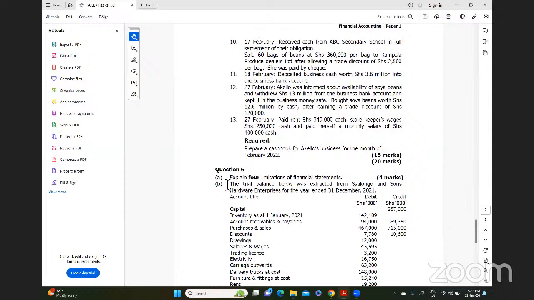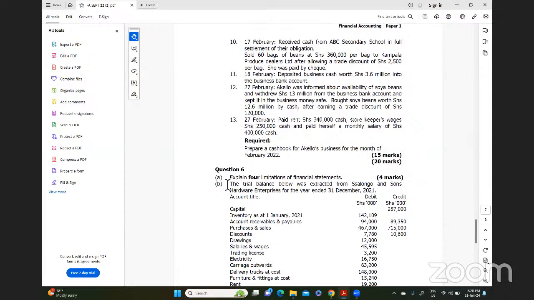However much they give you that transaction, it is not a must that whatever the examiner gives is important for purposes of execution. They can put in very many transactions, but for as long as that particular transaction did not end in either cash coming in or moving out, then that transaction has no place in the cash book. And the logic is very simple.